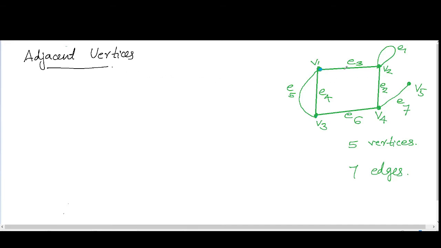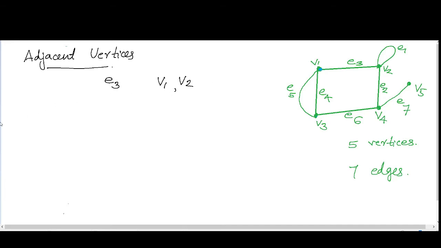For example, in this graph, consider the edge E3. The end vertices of E3 are V1 and V2. V1, V2 are the end vertices of E3. So we can say these two vertices are adjacent.